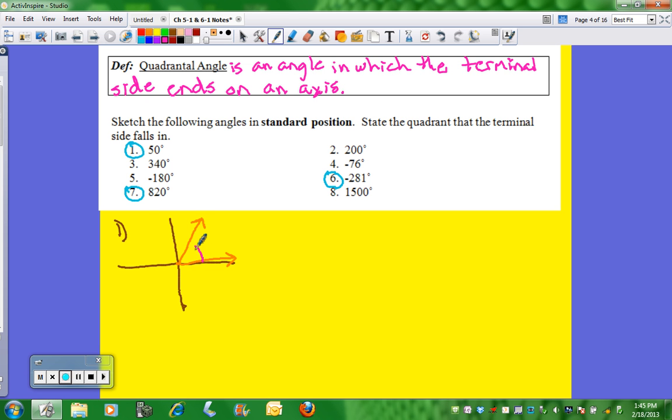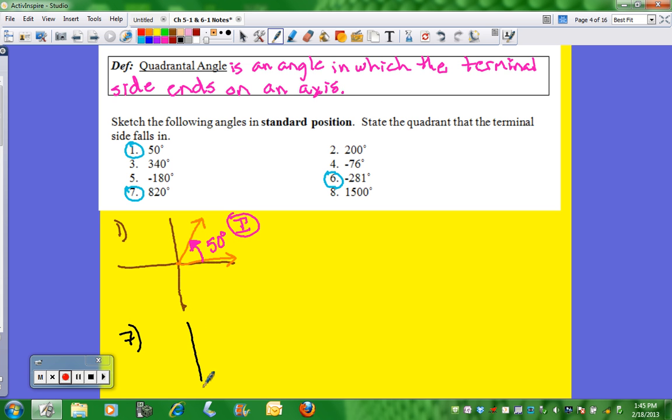We're going to mark the direction that it's heading. That's what this is doing, marking the direction that it's heading. And we're going to write that this is 50 degrees landing in quadrant 1, because it did ask us to also state what quadrant the terminal side falls in. This is our terminal side. It's the end.